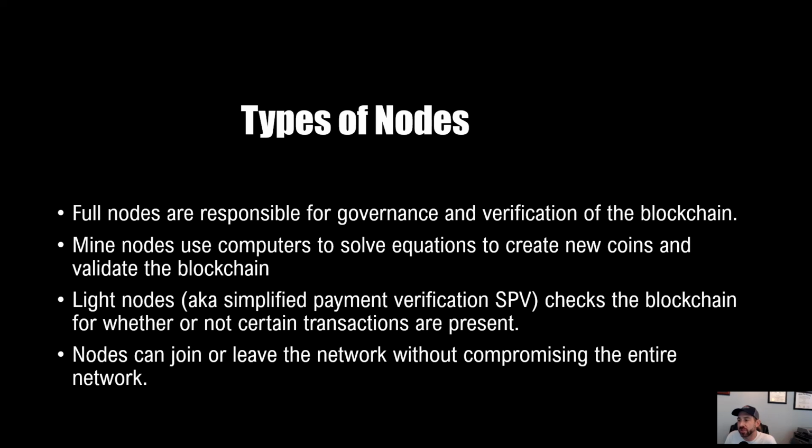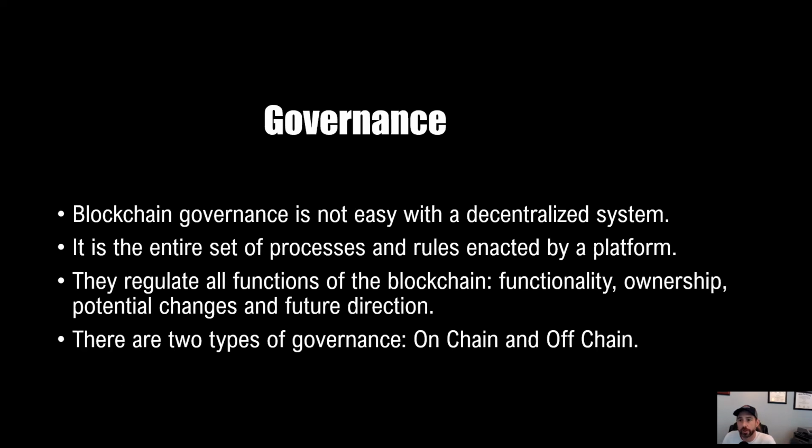What this does is check the blockchain for whether or not certain transactions are present. So if somebody wants to look through the blockchain real fast and find out, hey, did I just send somebody 10 Bitcoin, we could search the blockchain and verify whether that transaction actually happened or not. So that's a light node. And remember, nodes can join or leave the network without compromising the entire network. That's the whole idea of decentralization.